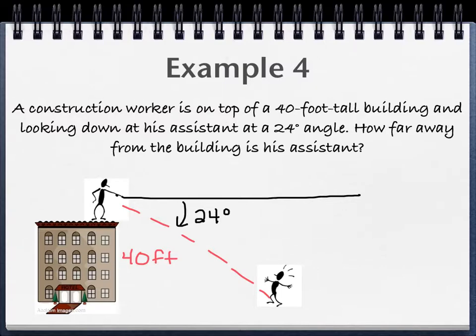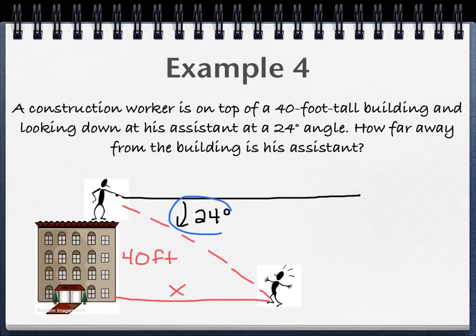Now I want to know how far away from the building is the assistant. So I want to know how far away is he down here. Okay, the problem you run into here is that this is your triangle here, and that 24 degrees is outside of your triangle. Well, remember what we talked about with the alternate interior angles and the angle of descent?